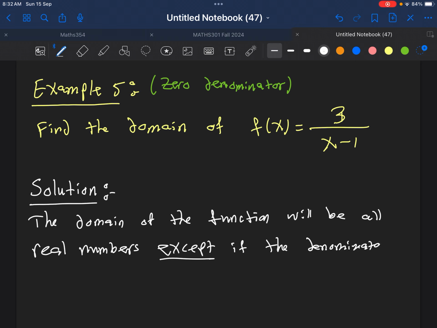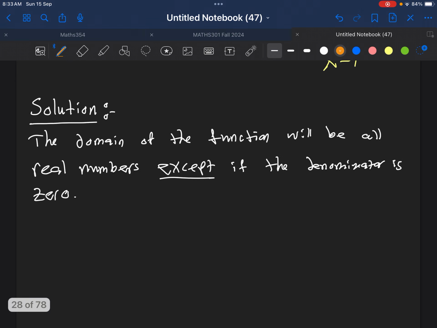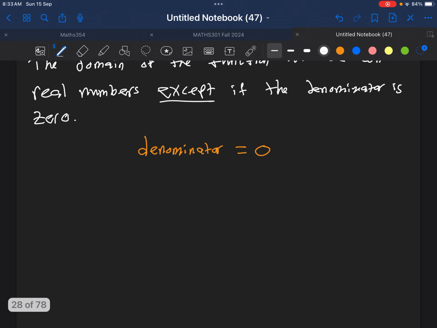So the idea, what we will do now, we will find where the denominator is 0, and we will exclude that number. We will take it off. We don't want to see it. So what we will do here is we will solve this equation. We will write denominator equal to 0. Of course, after that, we will exclude the answer.